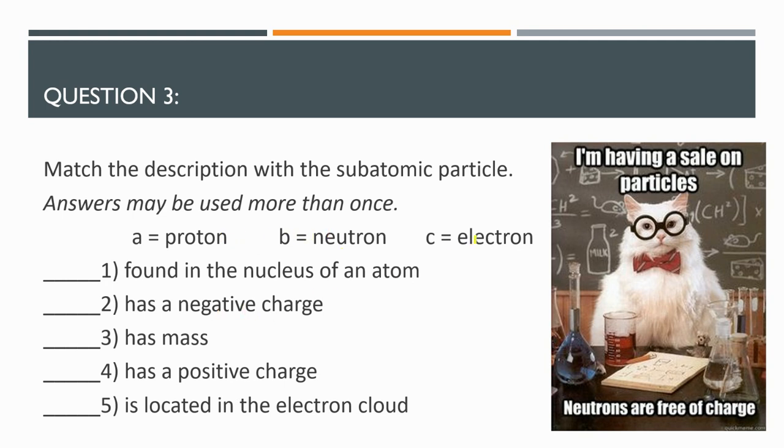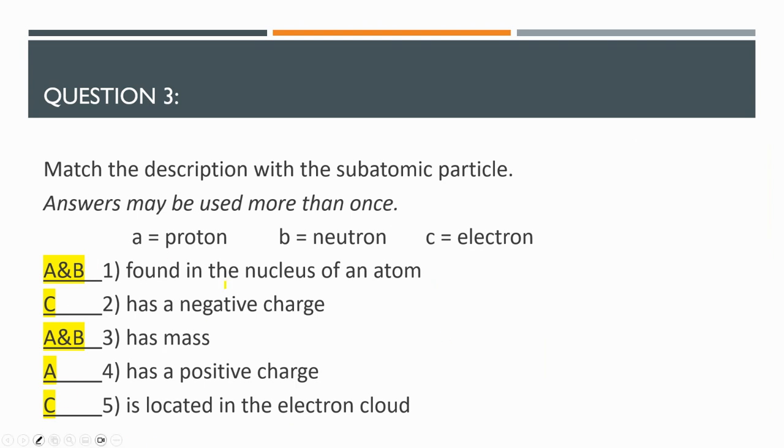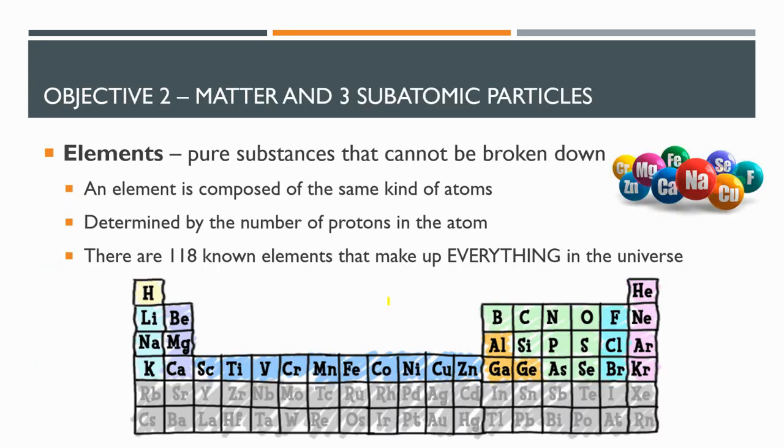Negative charge would be your electrons. Mass, once again, protons and neutrons together. Positive is proton, and electron cloud is electron. This is the kind of information that you're going to need to know for one of your possible essays.